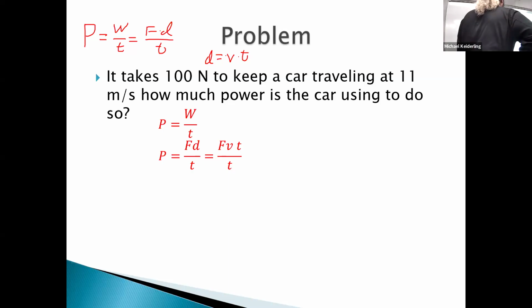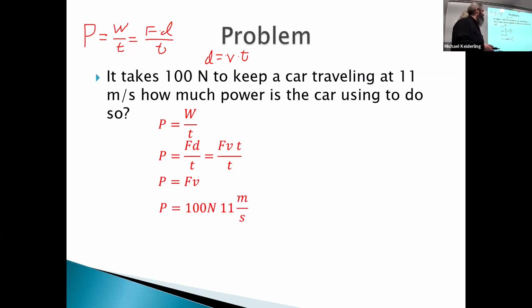So that's force times speed times time over time. Time cancels. You get force times velocity, so force times speed.